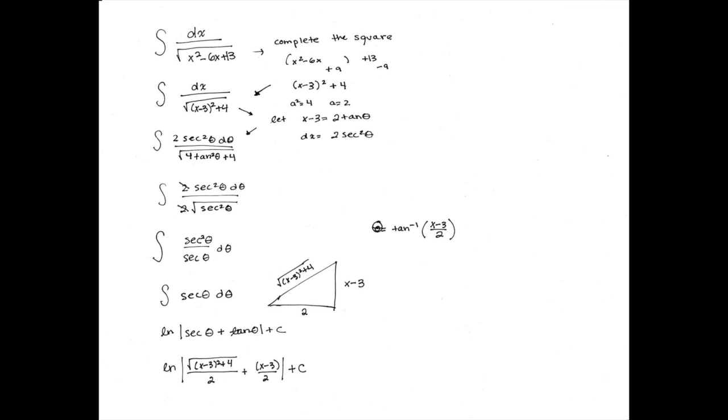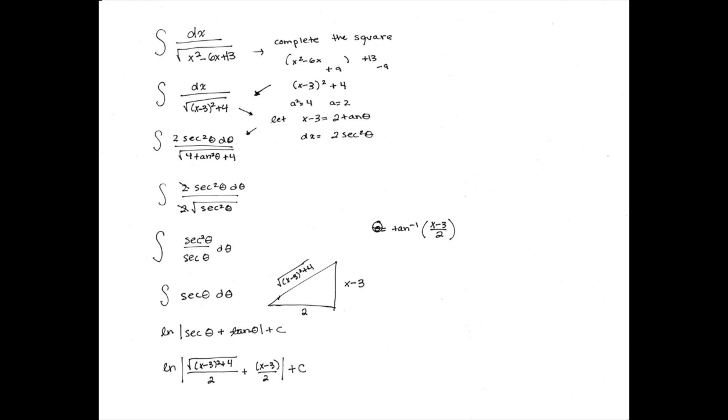And so then we get x minus 3 squared plus 4. Putting that back into the equation, we get the integral of dx over the square root of x minus 3 squared plus 4. Now we see we have the form of a variable squared plus a squared, so we say a squared equals 4, so a equals 2.